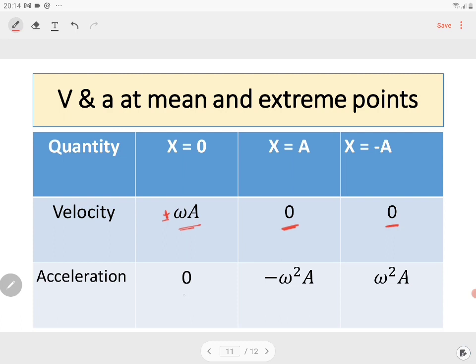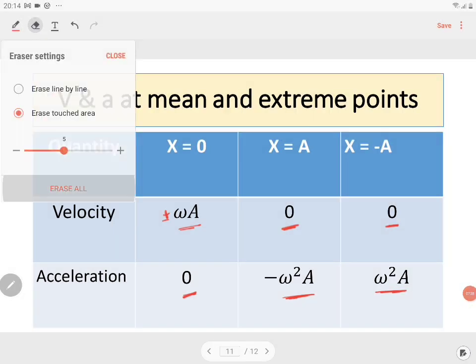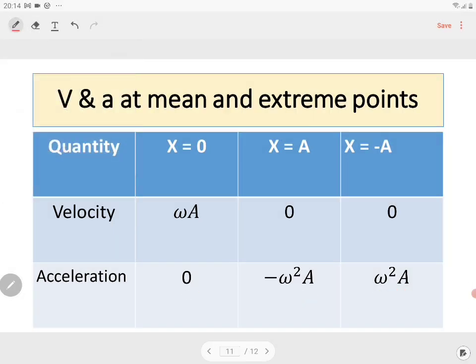Acceleration is 0 at the mean point, and it is maximum at extreme points. The maximum acceleration is omega square A. This table gives you the v and a values at mean and extreme points.